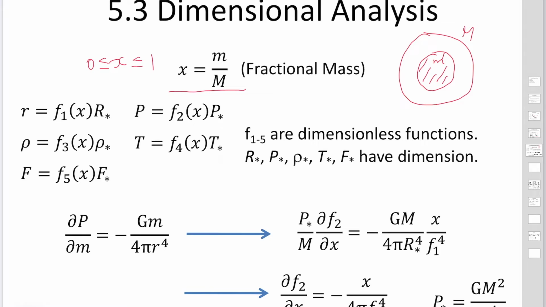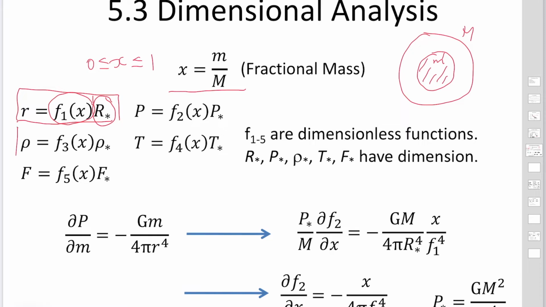Then all the physical quantities are expressed. For example, r is a product of two parts. First part is f sub 1, a non-dimensional function, and the dimensions are included in R sub star. So we consider r is expressed as the product of two functions: f sub 1, a dimensionless function, and R star, which has a dimension.